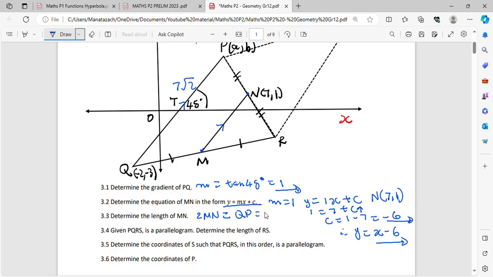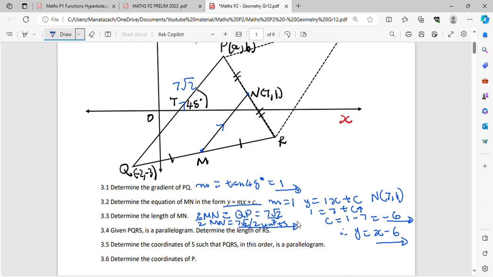Since you know that QP is 7 times √2, you divide by 2 on both sides. That means MN will be equal to 7√2 over 2 units. So that's the length of MN.